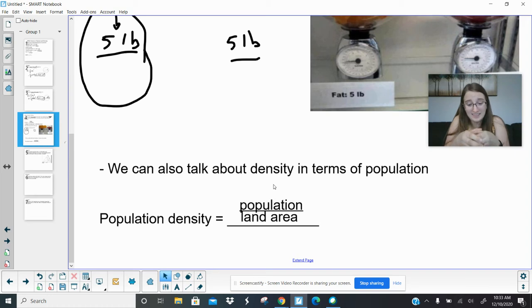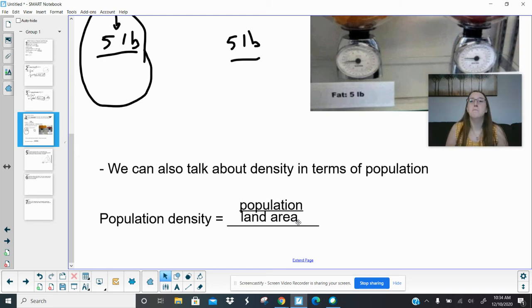New York is not that big, but a ton of people are stacked on top of each other and live there. So because they have a really big population and a small land area, this is a very high density. Versus Alaska, actually, is a better example.